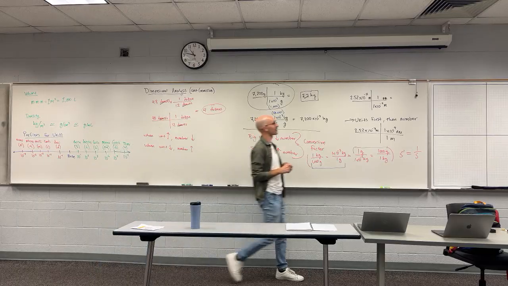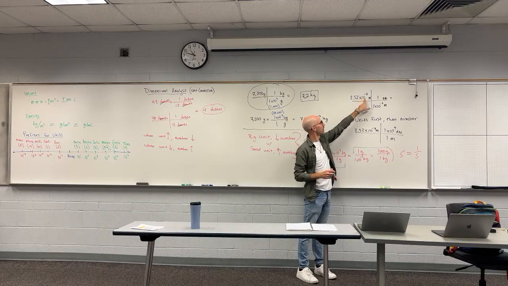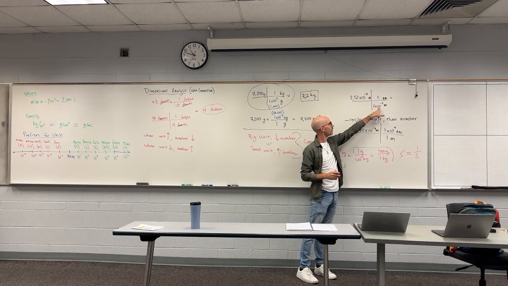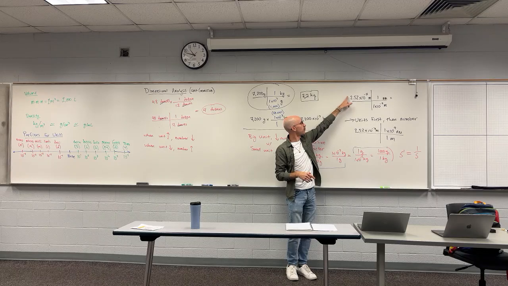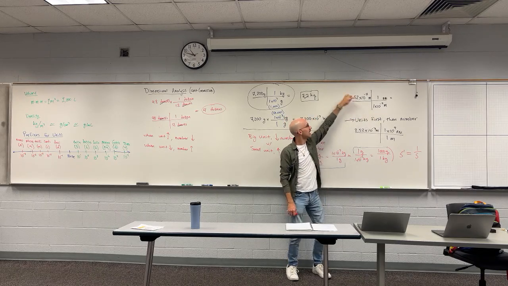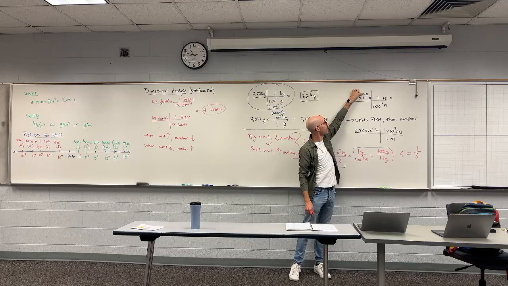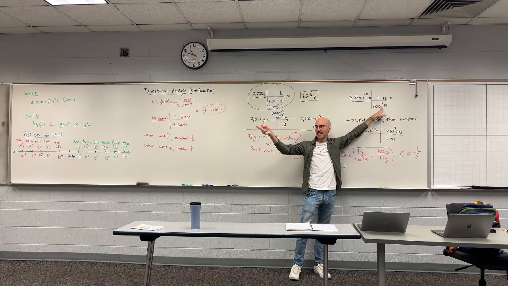All right, two different ways to look at this. 2.52 times 10 to the negative 7th divided by 1 times 10 to the negative 9th. That is 2.52 divided by 1, 2.52, and 10 to the negative 7th minus 10 to the negative 9th. So negative 7 minus negative 9, that's negative 7 plus 9.